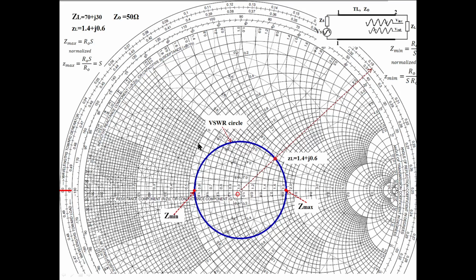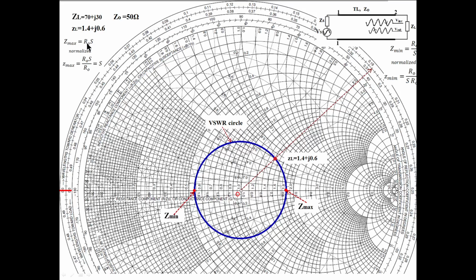It is 1 plus the magnitude of tau divided by 1 minus the magnitude of tau. That you have to do. But from the Smith chart, you can easily find that. Find the Z maximum value and normalize it. That itself is the VSWR. This S value, because from here we can see this is actually Z maxima, R naught into S.